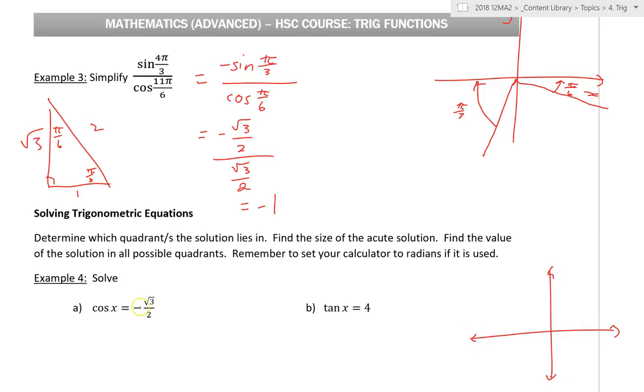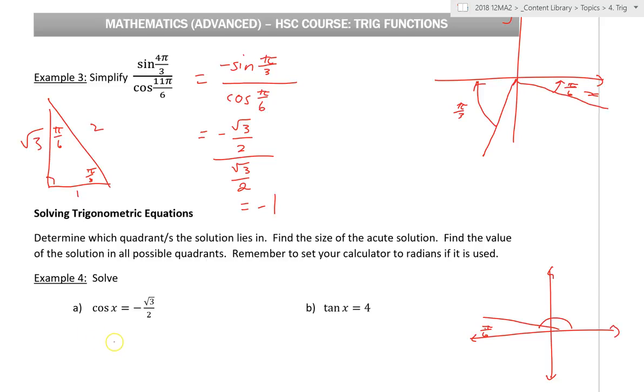Right, let's draw that again. The negative tells me I'm in these two quadrants. The root 3 over 2, looking back here, root 3 and 2, cos is this one in between. So it's pi over 6 here. That means this angle here must be 5 pi over 6 to make it up to full pi for a straight angle.